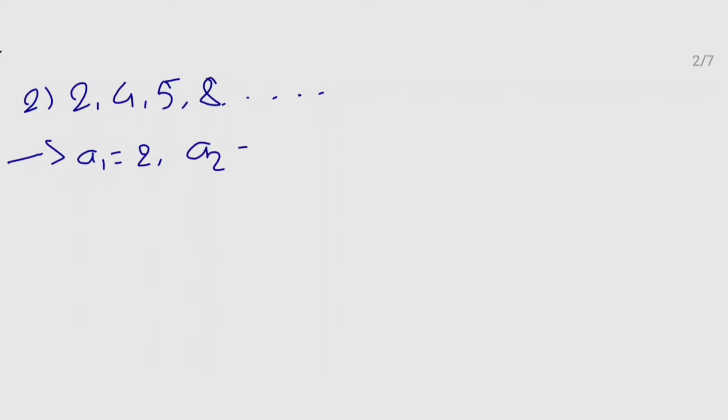So the second one here: 2, 4, 5, 8. Right. So write down here first term A1 equals 2, A2 equals 4, A3 equals 5, A4 equals 8. So find out here the common difference.